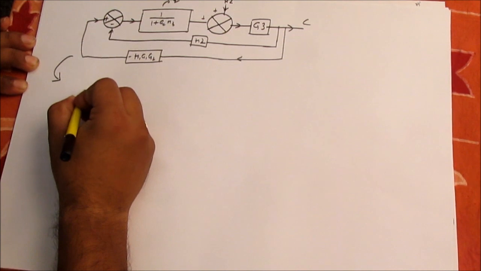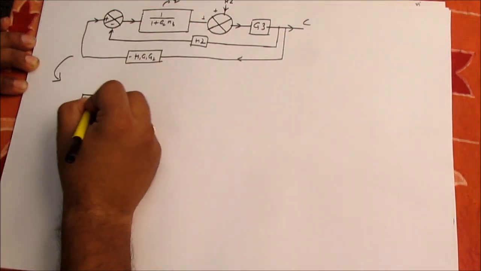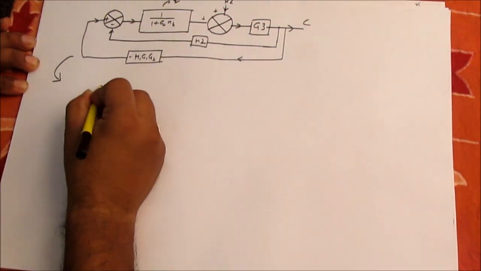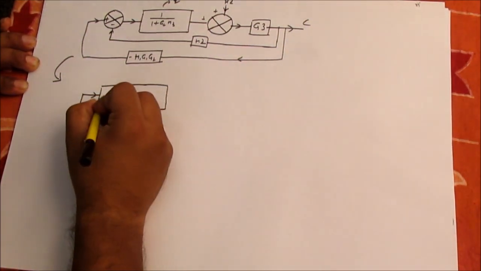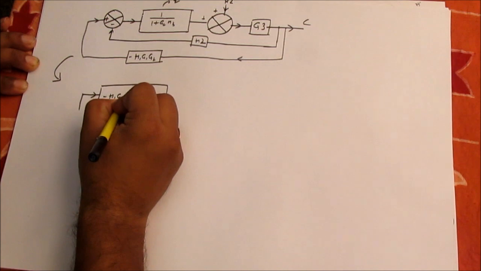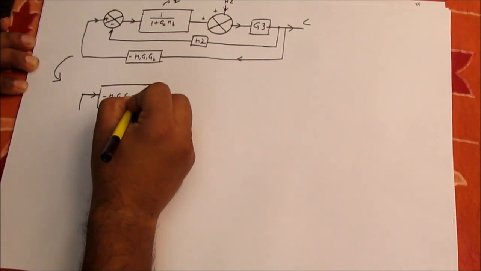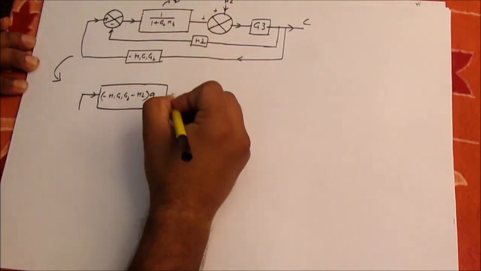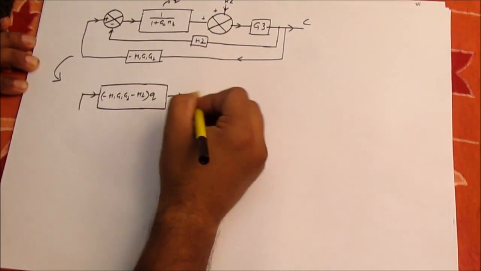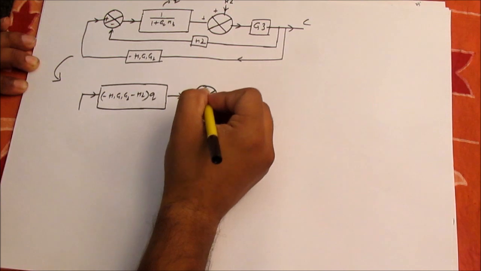So I am redrawing it. So it becomes minus H1 G1 G2 minus H2 into Q. Then I have again a summing amplifier here.